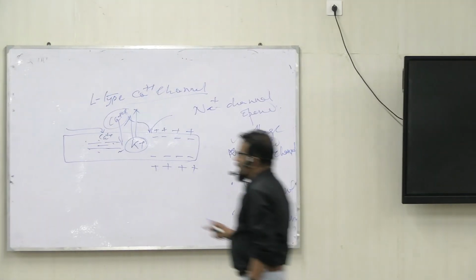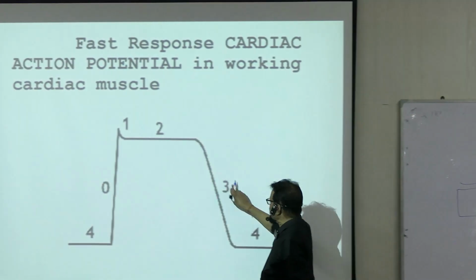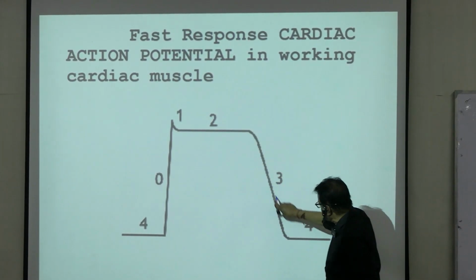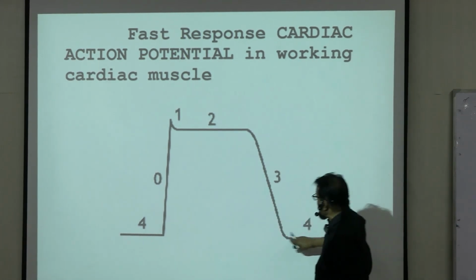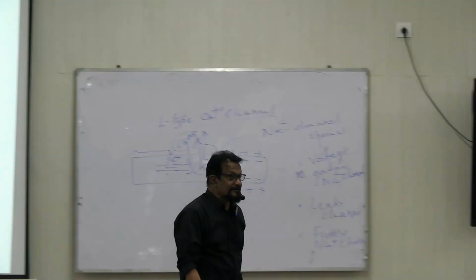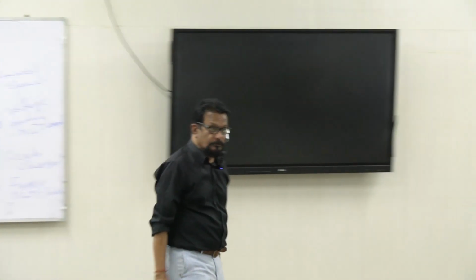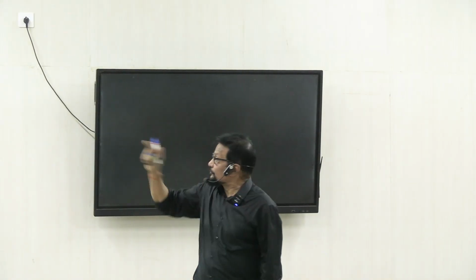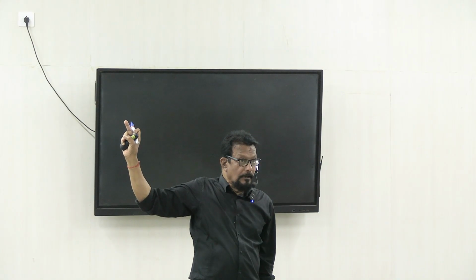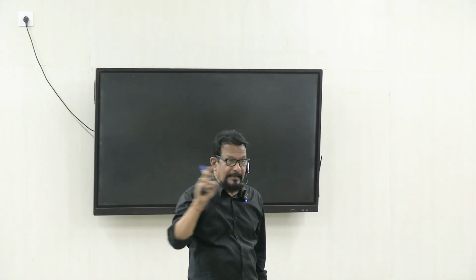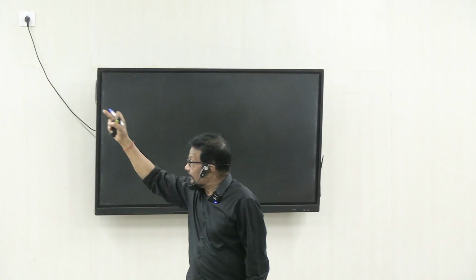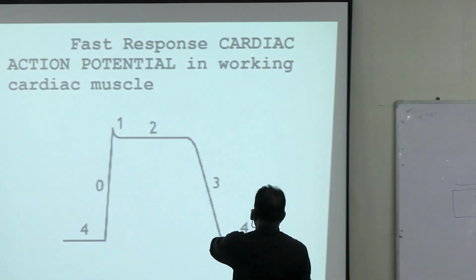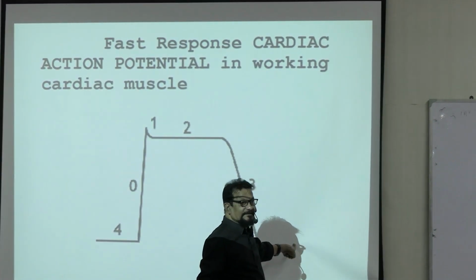So you will find phase 3. This is called phase 3. And when this potential difference comes to the resting level, which is minus 80 millivolt in case of working muscle, it has started developing depolarization from minus 80 millivolt, reached plus 35 millivolt, and this plateau phase you saw near about 0 millivolt, and thereafter repolarization started from that point up to this level, minus 80 millivolt.